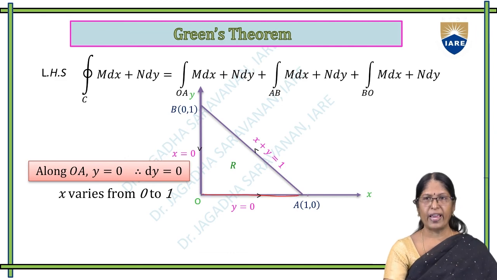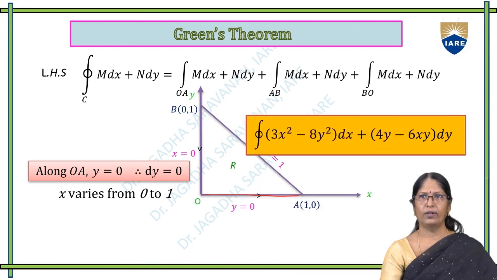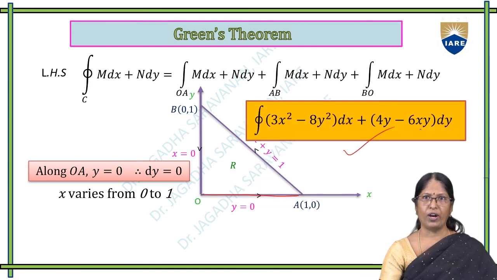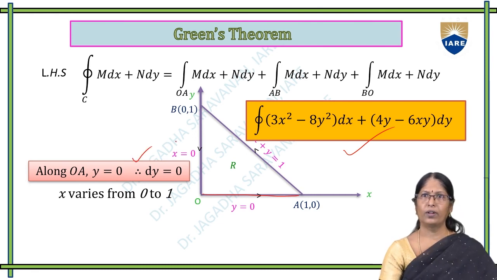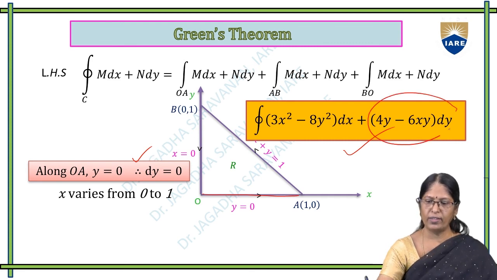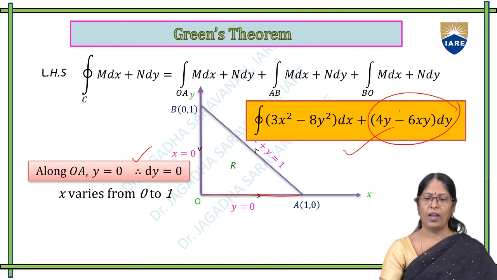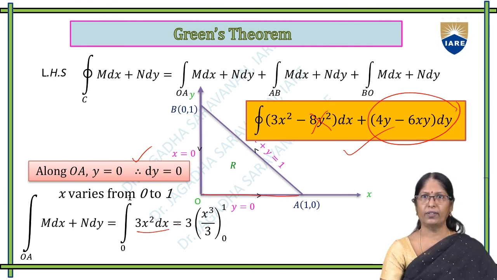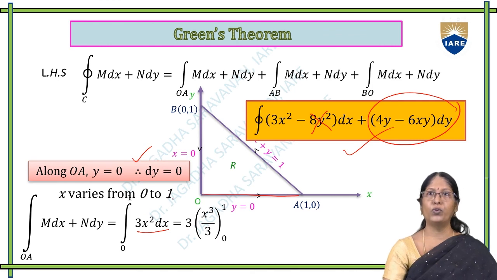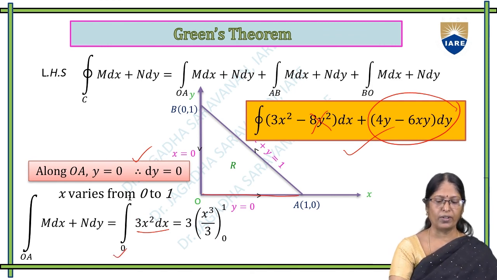So it moves in the X direction from 0 to 1. This is our given function. In the given function, we are going to substitute these values. If we substitute, this totally becomes 0, and this is also becoming 0. So the leftover is only 3x square dx, with x from 0 to 1. That is what is written here.